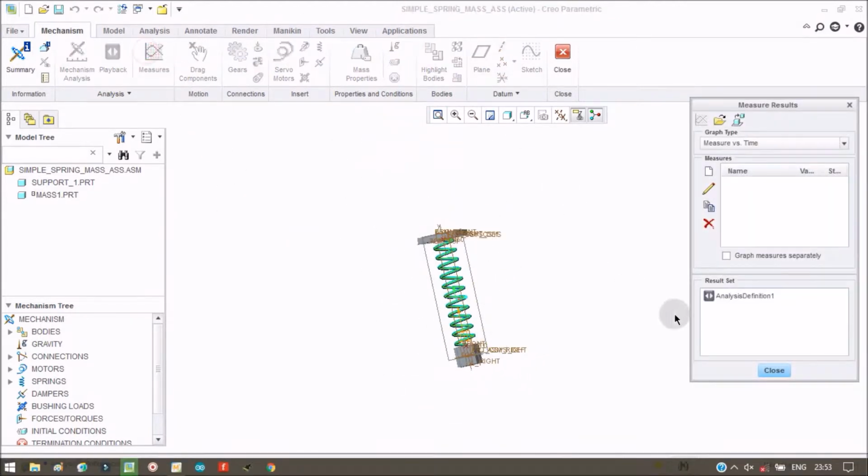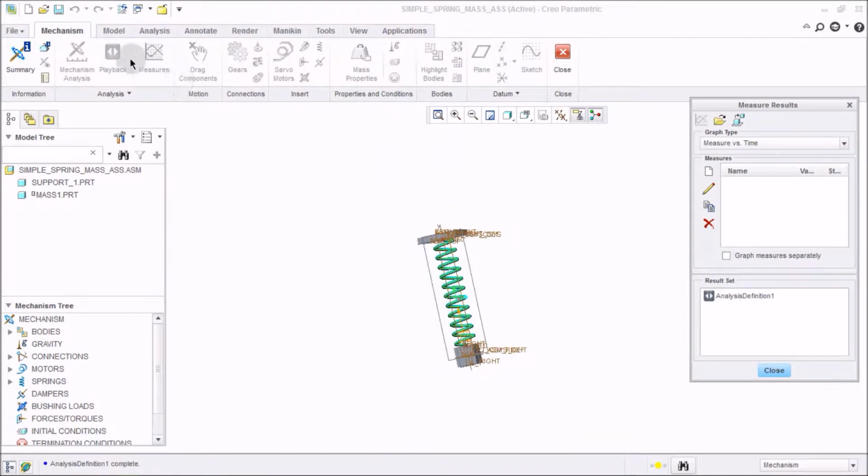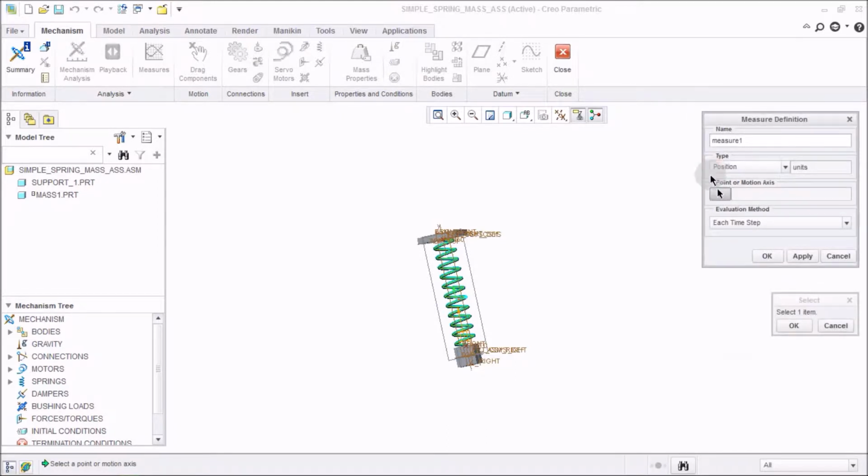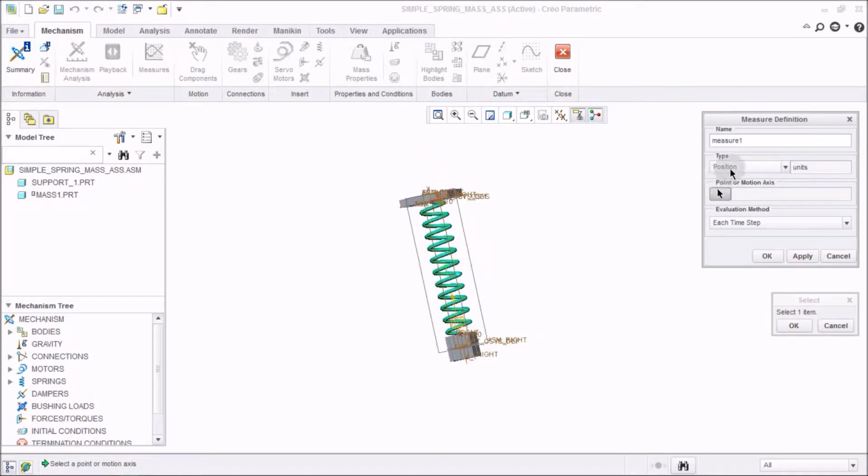Now let's see how much static deflection the software is showing. For that we go to the measure tool, select analysis definition 1, and take a new measure. Here we want to measure the static deflection. Mark what kind of analysis you want. First we select the position, then select the point.